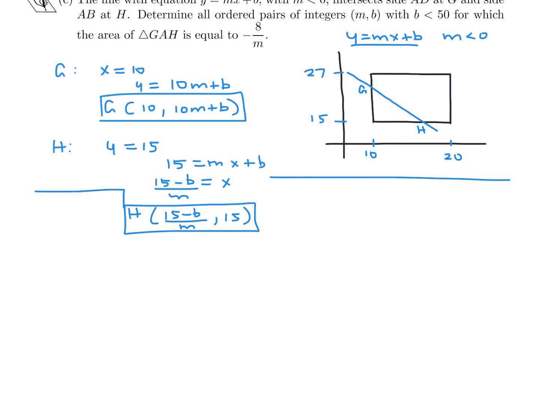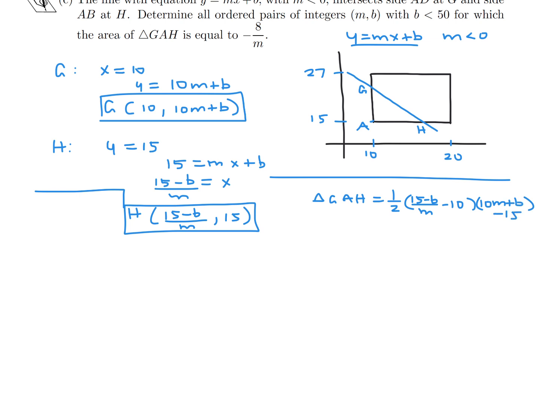Okay, now what's the next step here? Oh yeah, the area of GAH is equal to minus 8 over m. G, this is A, by the way, this corner. So triangle GAH, that area is 1/2 base times height. The base is the distance from A to H. So that's going to be 15 minus b over m minus 10, correct? And then the height is G minus A. So G, the y coordinate, is 10m plus b minus 15.